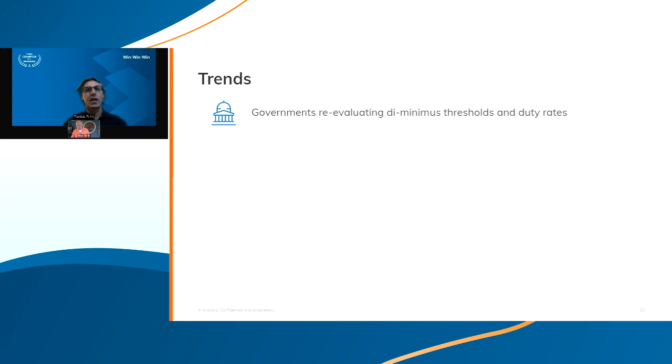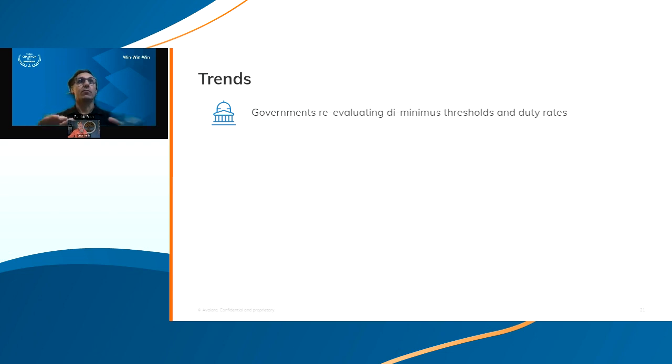So what we're seeing is governments reevaluating this line, this de minimis threshold. I remember when I was with an express integrator 15, 20 years ago, we saw de minimis values raising. So here in the US, we went up, if you remember, about 10 years ago, from 250 to 800.